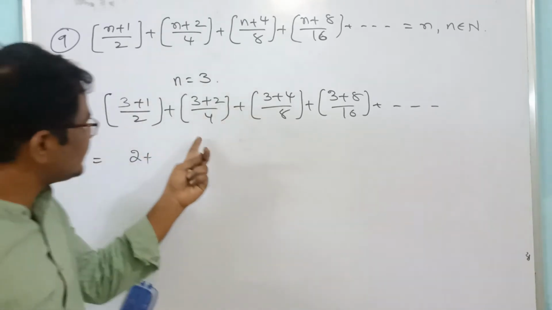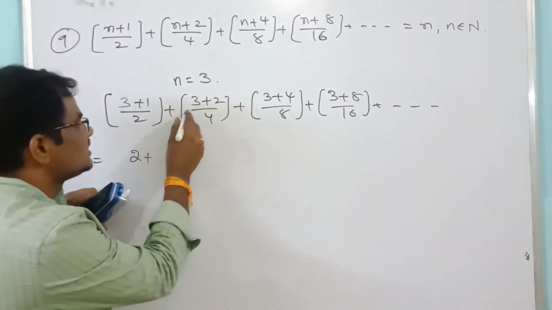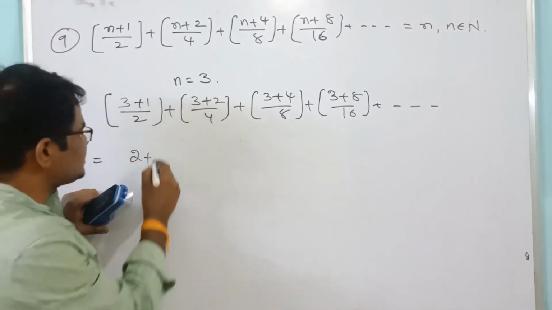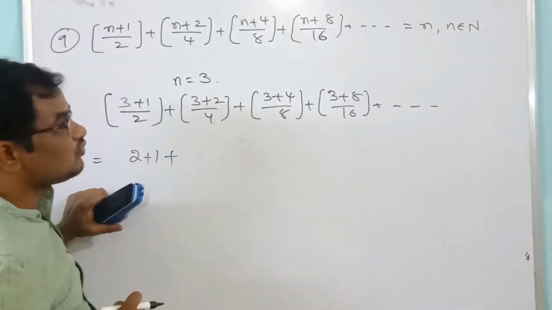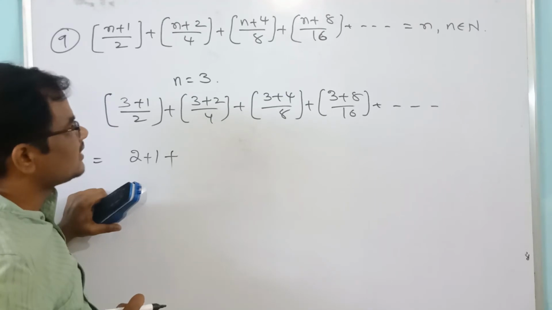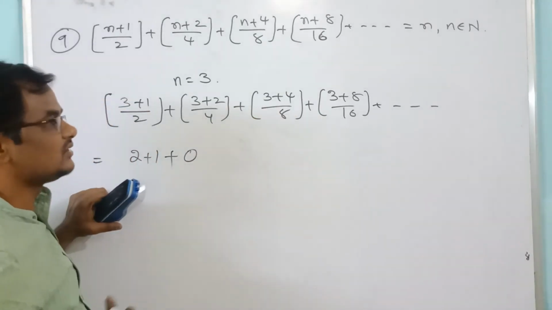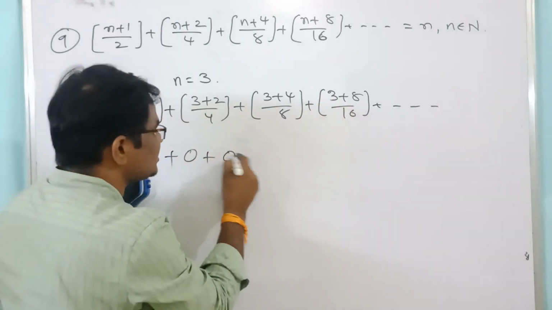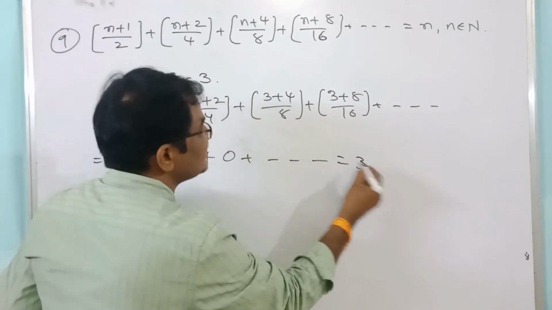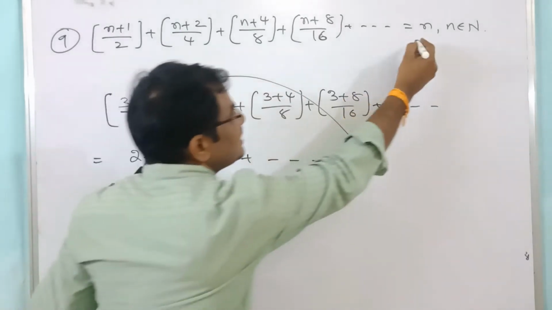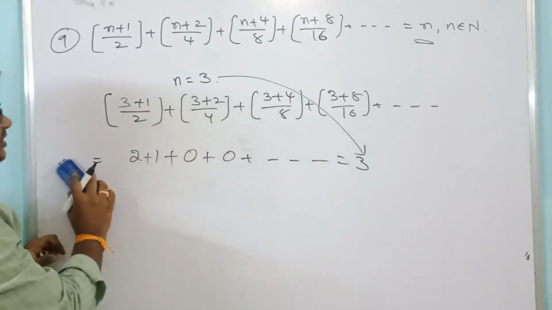Now 3 plus 2, 5 by 4, floor of 1 point something means 1 only. Next, 3 plus 4, 7 by 8, floor of 0 point something is 0. And 11 by 16, remaining all these are 0 only. So what is the answer? 3. So n equal to 3 gives n, like this, right?